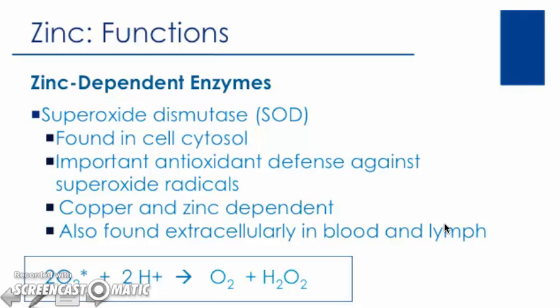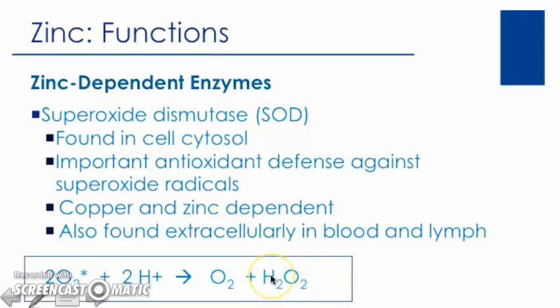So that will be a key difference between the zinc copper superoxide dismutase and the manganese superoxide dismutase. We see here that we have the superoxide radicals, and we see with the activity of superoxide dismutase, then we have the formation of oxygen and hydrogen peroxide.